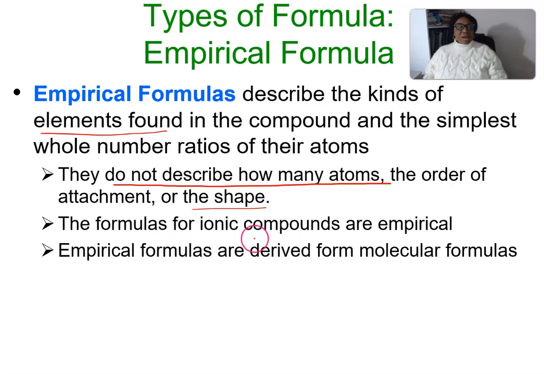The formulas for ionic compounds are all empirical. And empirical formulas are derived from molecular formulas. That's why we derive empirical formulas from molecular formulas.